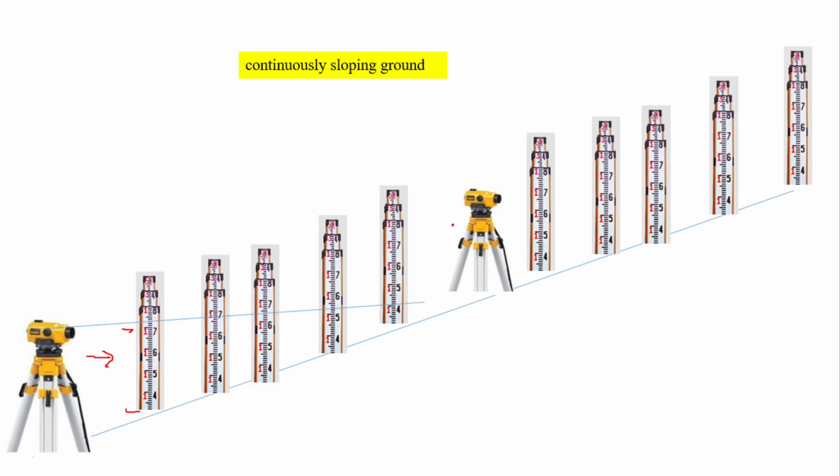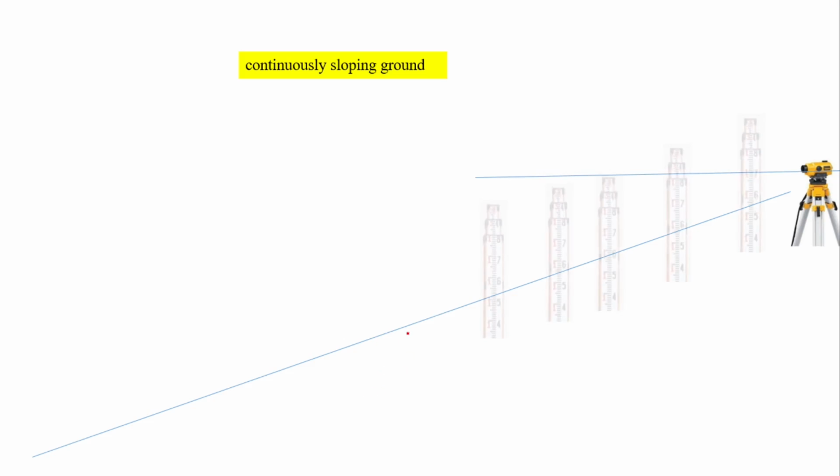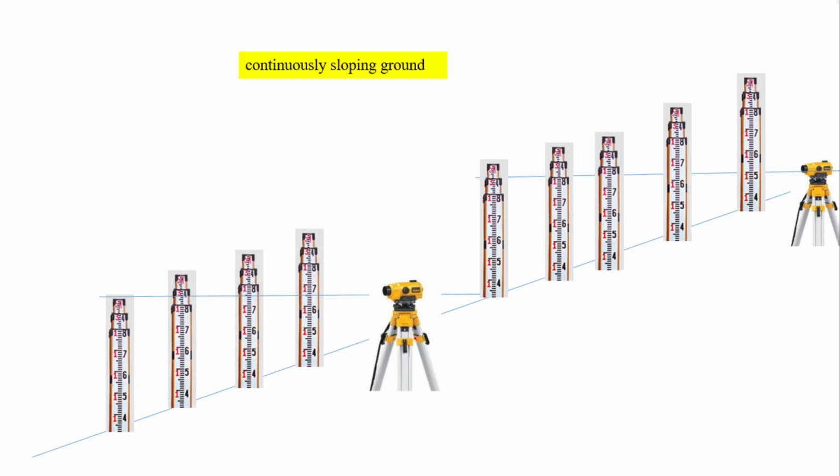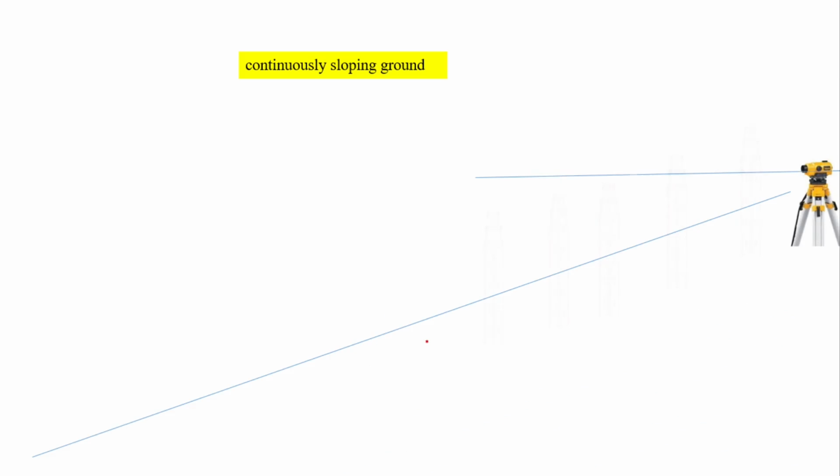If there is a change point, that time the staff reading will suddenly increase. So that will be the sequence of continuously sloping ground. In case of a decreasing gradient, this will be the sequence in case of downward direction.